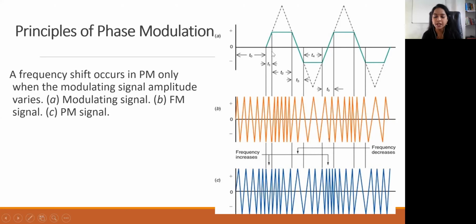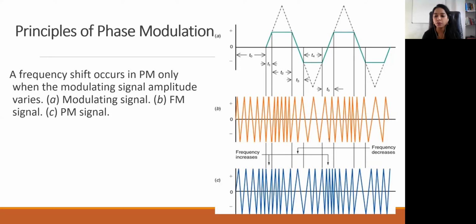So you just look at these timings. This is T0, this is T1, T2, T3, T4 till T5, etc. So in phase modulation, what happens with the instantaneous frequency? Your phase changes with each incoming amplitude.